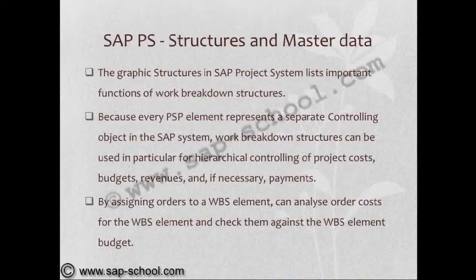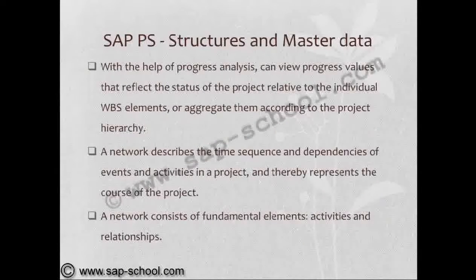By assigning orders to a WBS element, you can analyze order costs for the WBS element and check them against the WBS element budget. With the help of progress analysis, you can view the progress values that reflect the status of the project relative to the individual WBS elements or aggregate them according to the project hierarchy.